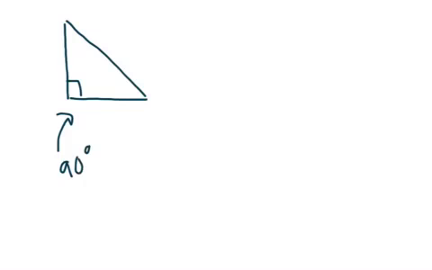So remember, the Pythagorean theorem is used with right triangles. That means they are 90 degrees. We call our legs a and b. Our hypotenuse, which is the longest side, we always label as c.